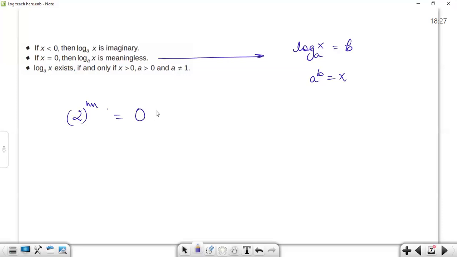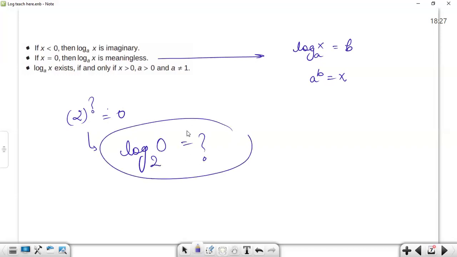No, sir, it won't. So what we are asking for in this logarithm is logarithm of 0 to the base 2, and this is meaningless because no such value exists.